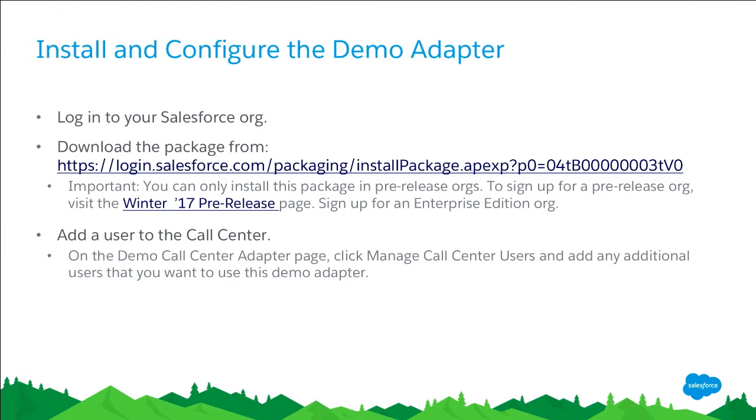As I mentioned here, this only works on the Winter '17 pre-release, which will be released very soon. But until it's released and in production, you can definitely just create your own pre-release org and then install it and try it out.